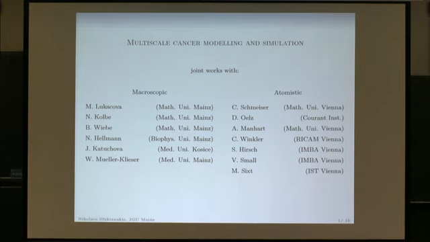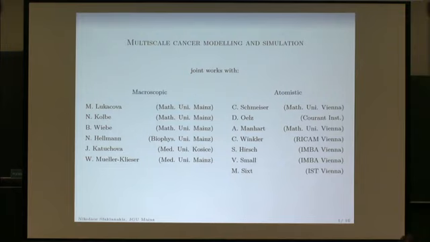This is the work that we do in Mainz with Mária Lukáčová, Niklas Kolbe, Bettina Wiebe, Nadja Hellmann, and Jana Katutsova, with Müller-Klieser being our experimentalist. On Thursday, Niklas will give a talk on our efforts in this direction, and today I will be focusing on what we call the atomistic scale of cancer cell motility.